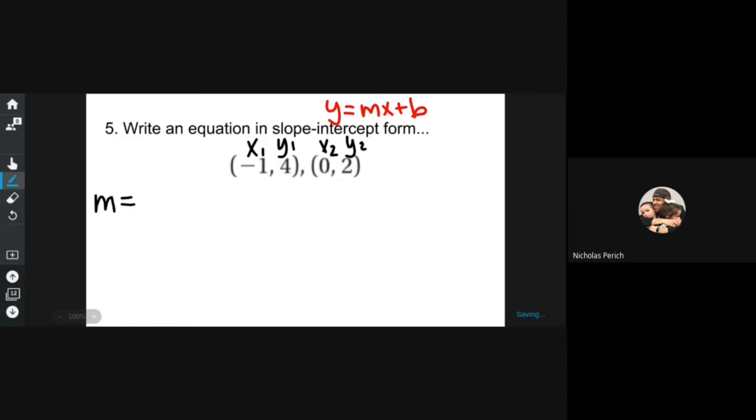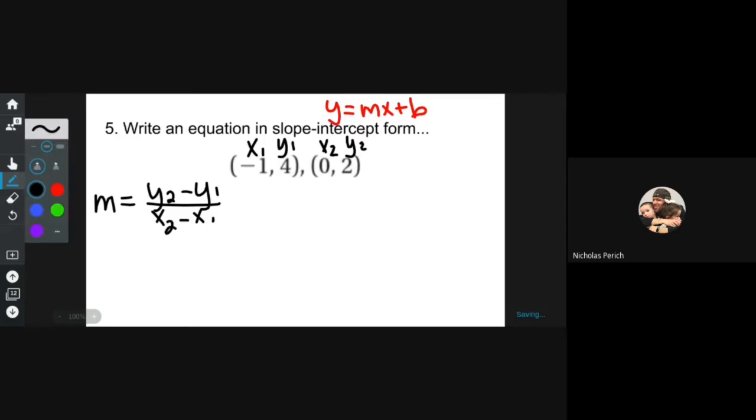And the slope formula is m equals y sub 2 minus y sub 1 over x sub 2 minus x sub 1. I rewrite this equation, but I replace the letters with the numbers that I selected. So y sub 2 turns into 2.